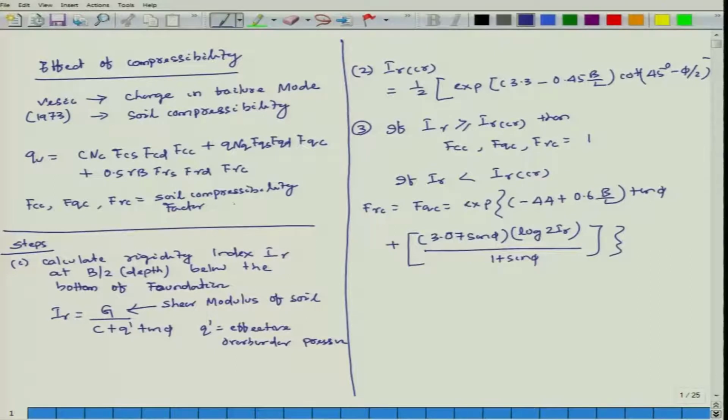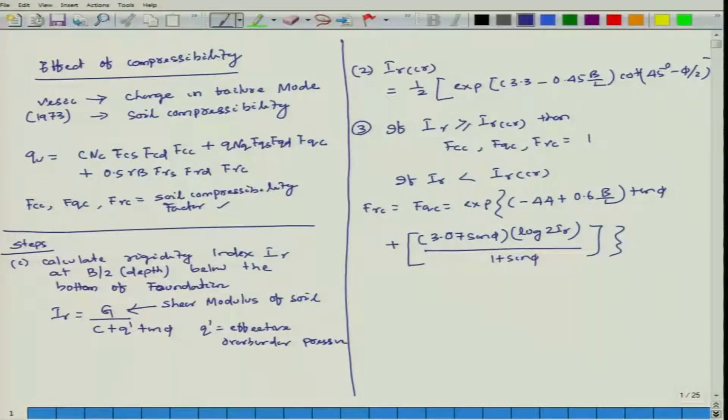Instead of Terzaghi's conditions, where general shear failure needs phi greater than or equal to 36 degree and local shear failure phi less than or equal to 26 degree, he added three soil compressibility factors Fcc, Fqc, F gamma c.